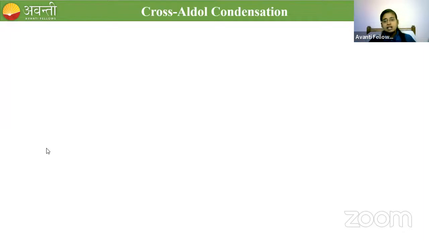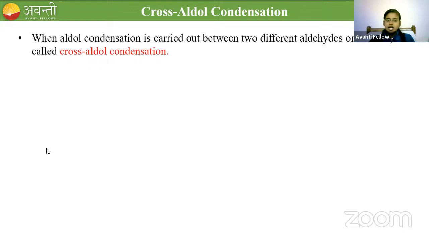But in cross aldol condensation, one molecule will be different from the other. So when aldol condensation is carried out between 2 different aldehydes or ketones, it is called cross aldol condensation.